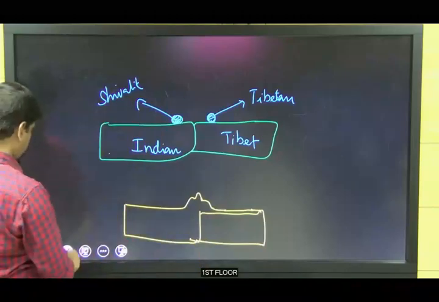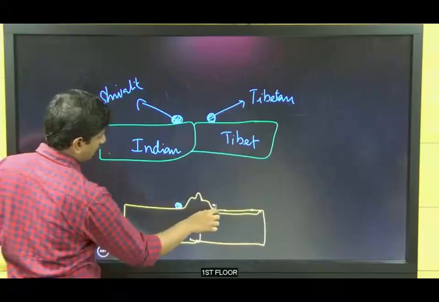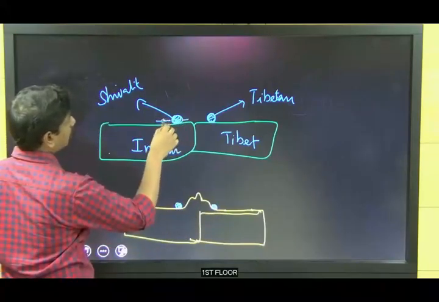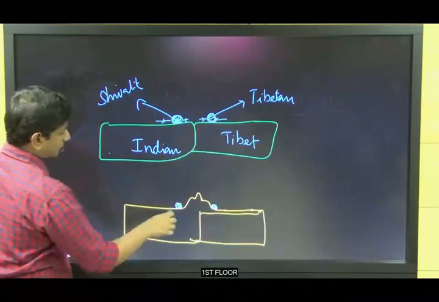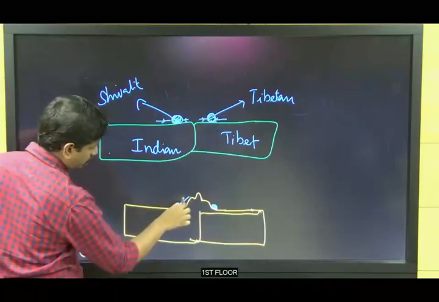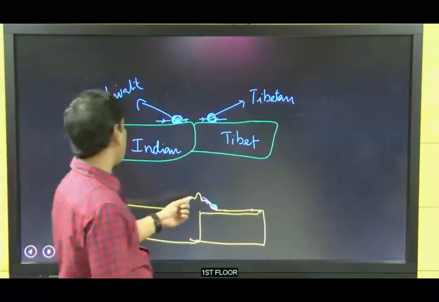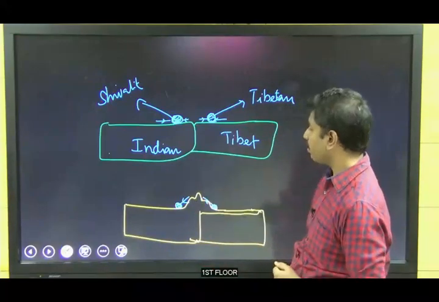The river was like this and like this. So some tributaries might have been like this. The tributaries of this river and this river started eroding the Himalayas headward, towards the heights of the Himalayas.